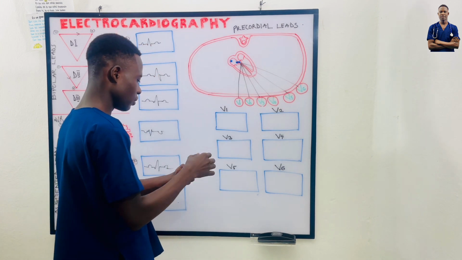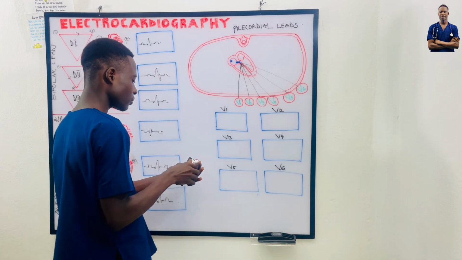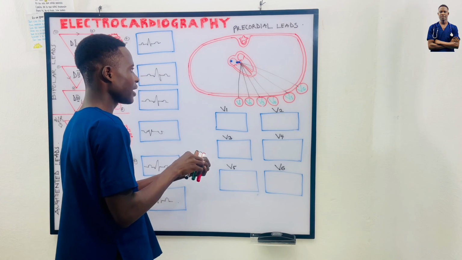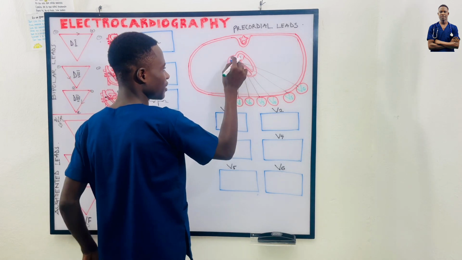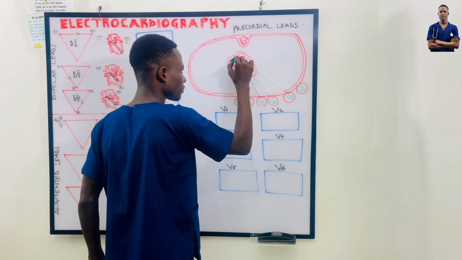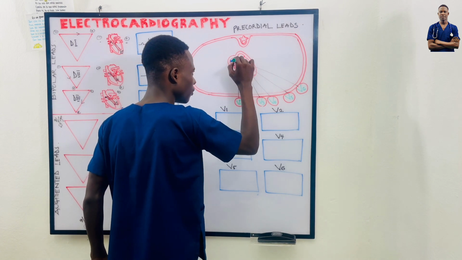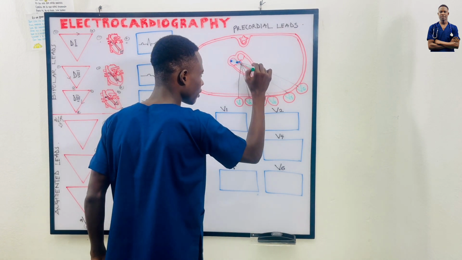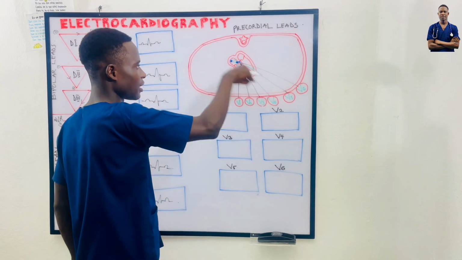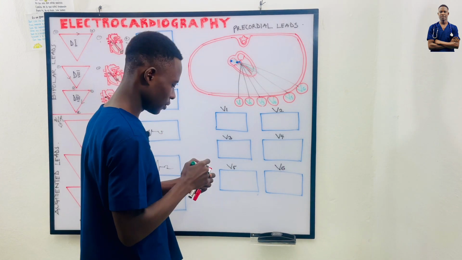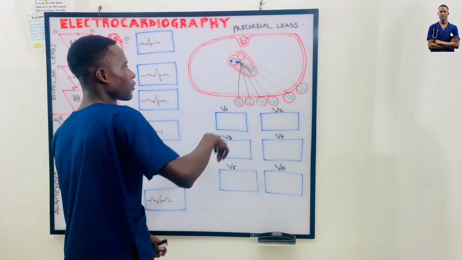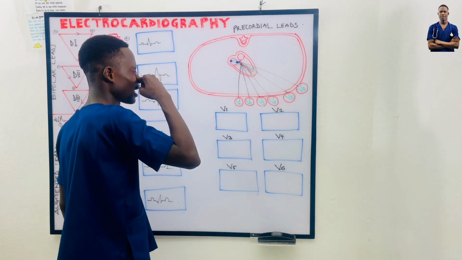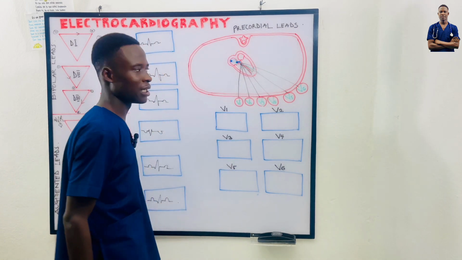So as we take the action potential, the movement of the vector towards this side of the heart, do you understand? You see, we'll be moving from the negative part of the heart towards this positive electrode.